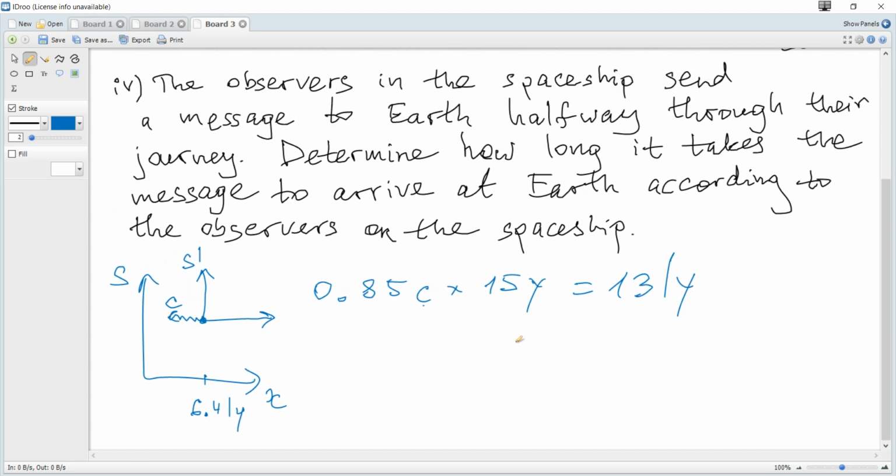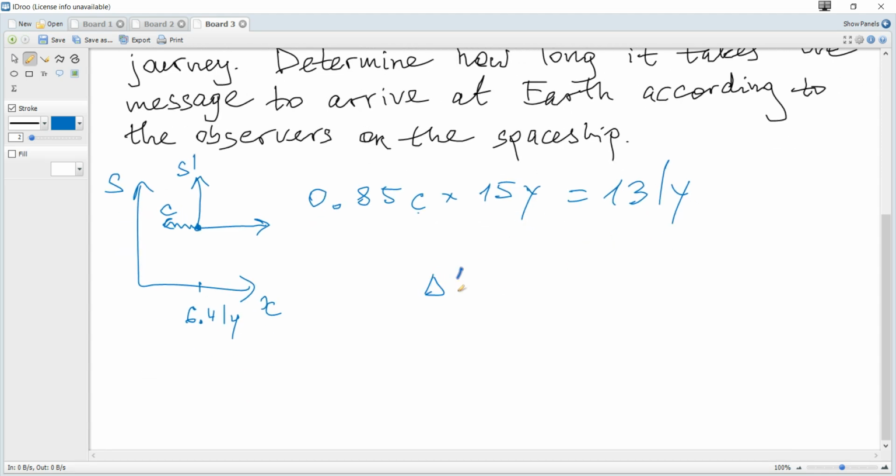And we need what? Time in the moving reference frame, so we need delta t prime. Don't get confused about when we use just length contraction or time dilation instead of these long formulas. This formula: delta t prime is gamma times (delta t minus v delta x over c squared).